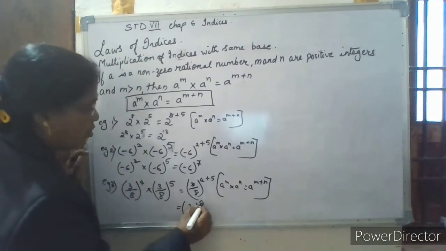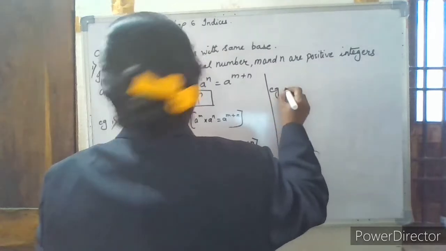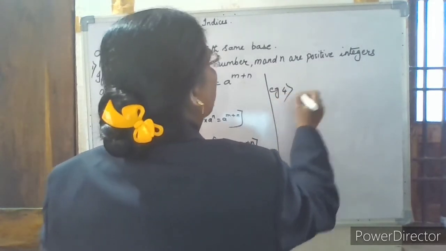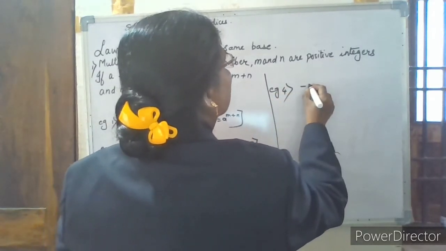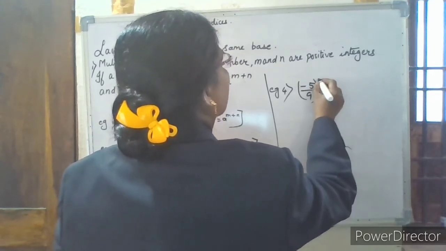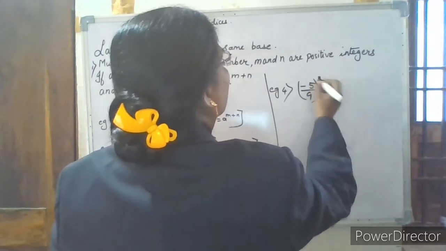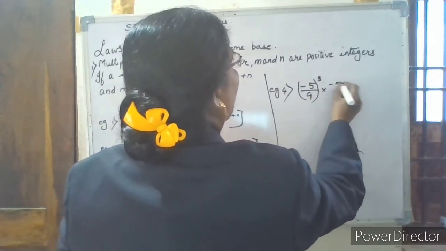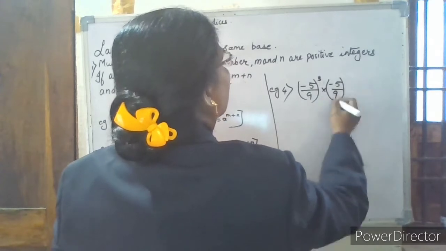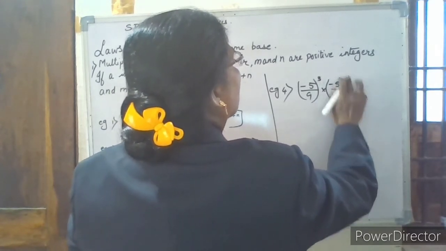Now another example, example 4. Suppose minus 5 by 9 the whole raised to its cube into minus 5 by 9 the whole raised to 7.